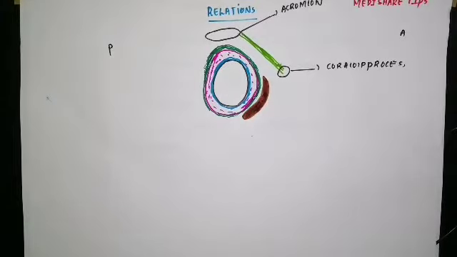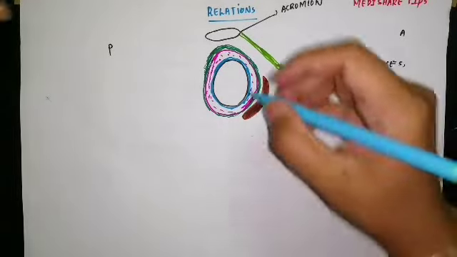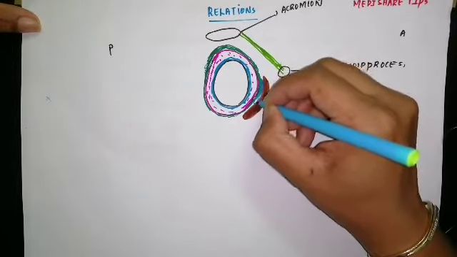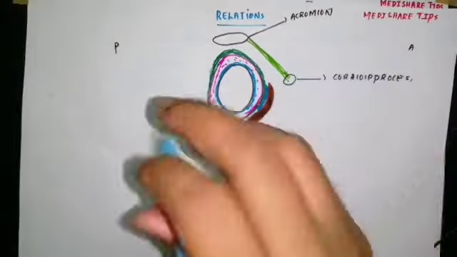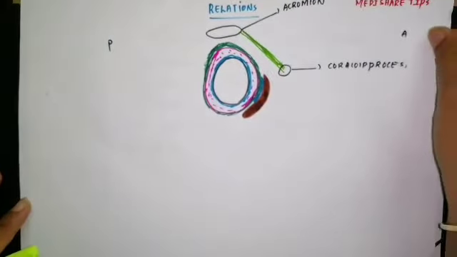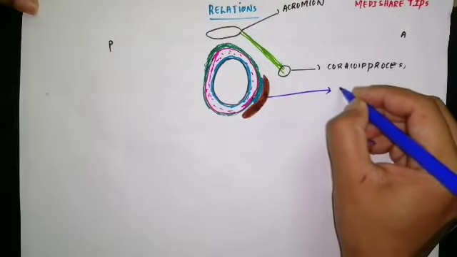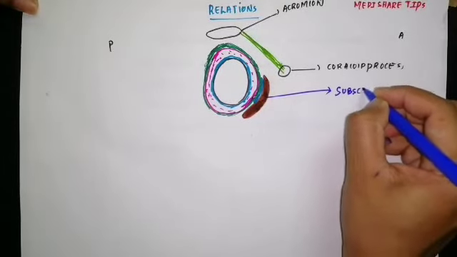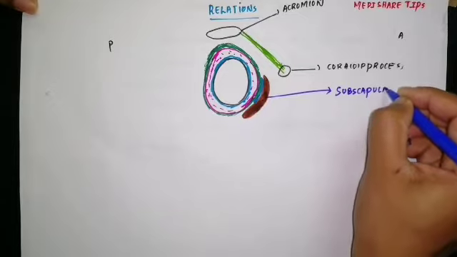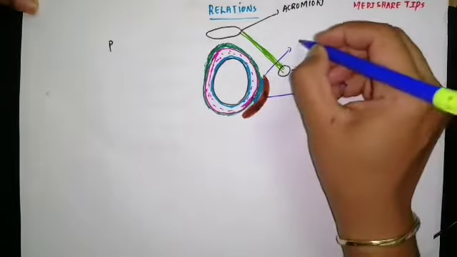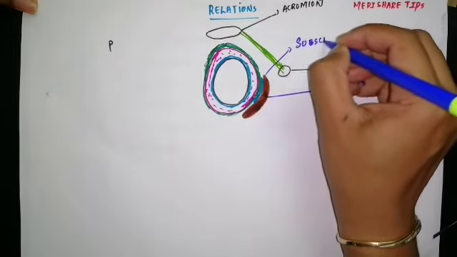Beneath the subscapularis there is a communicating bursa that is known as the subscapular bursa. So one muscle which is forming the anterior relation is the subscapularis, and this bursa is known as the subscapular bursa.